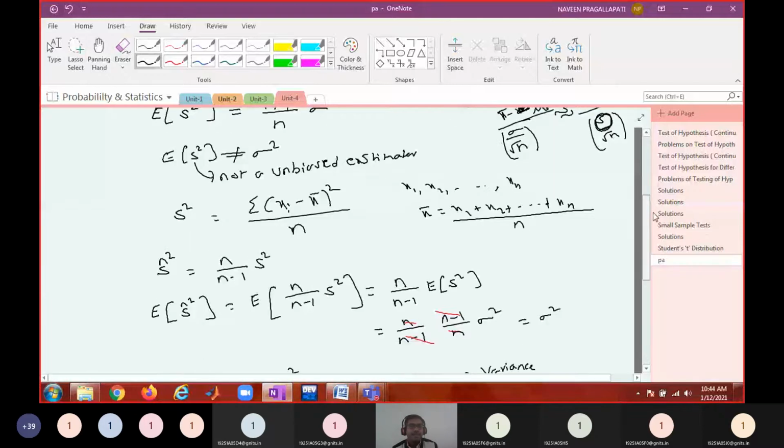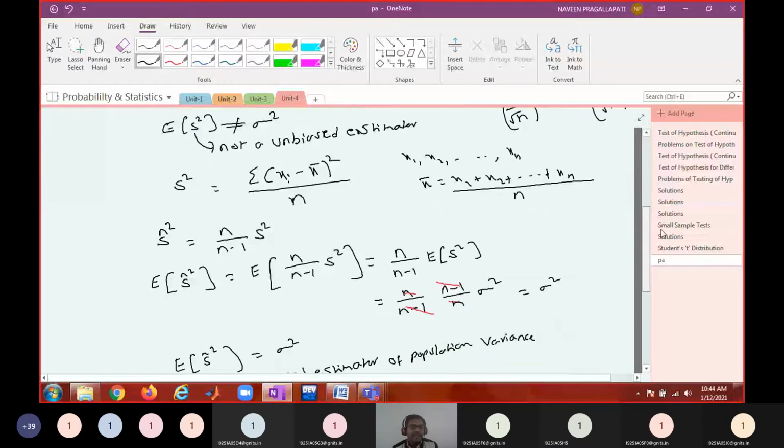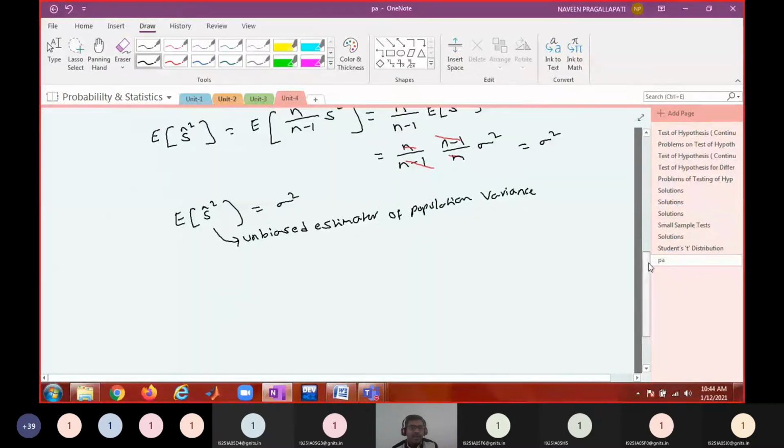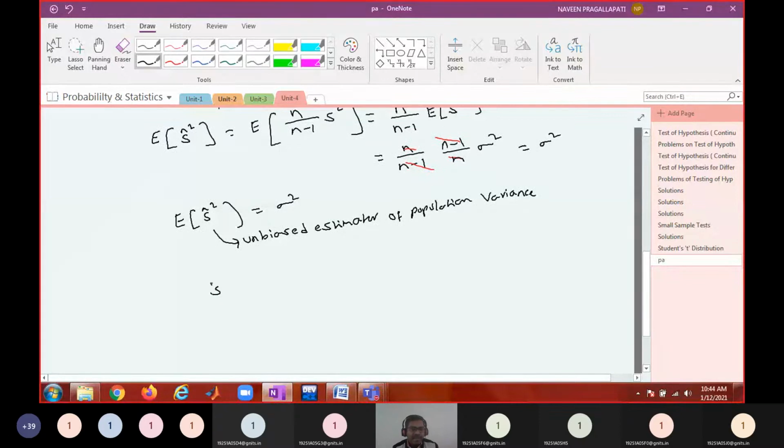Whereas in the small sample case, we'll be using this one. So now what is s cap square? S cap square is n by n minus 1 into s square. But what is the s square formula? Sigma x minus x bar whole square divided by n.